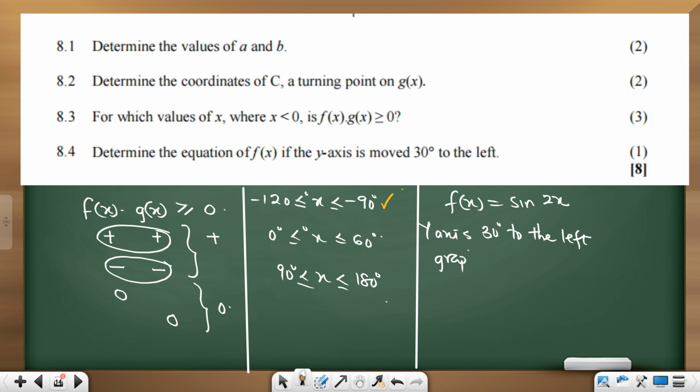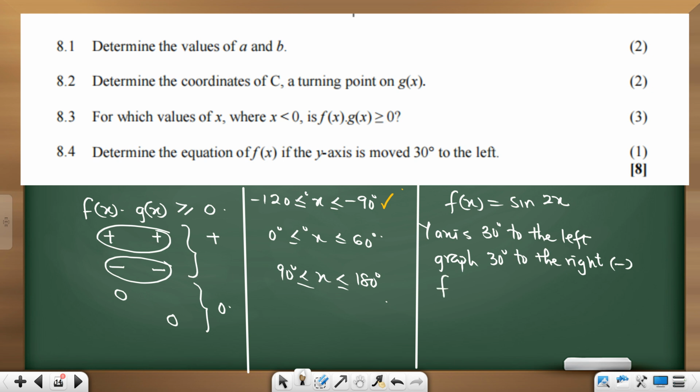It means the graph has shifted what? 30 degrees to the right. And if the graph is shifting 30 units to the right, is it a positive or a negative? It's a negative.